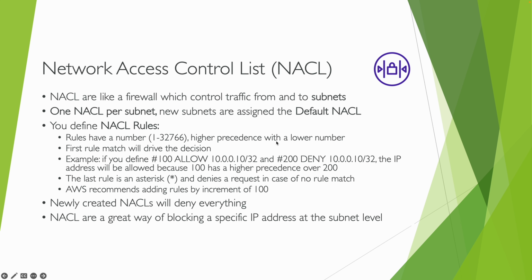That means this comes in a sequential order. If you give any 10 rules, it will start checking the rules based on the rule number, and when you give a lower number rule in this NACL, it will pick that lower number and proceed with it.